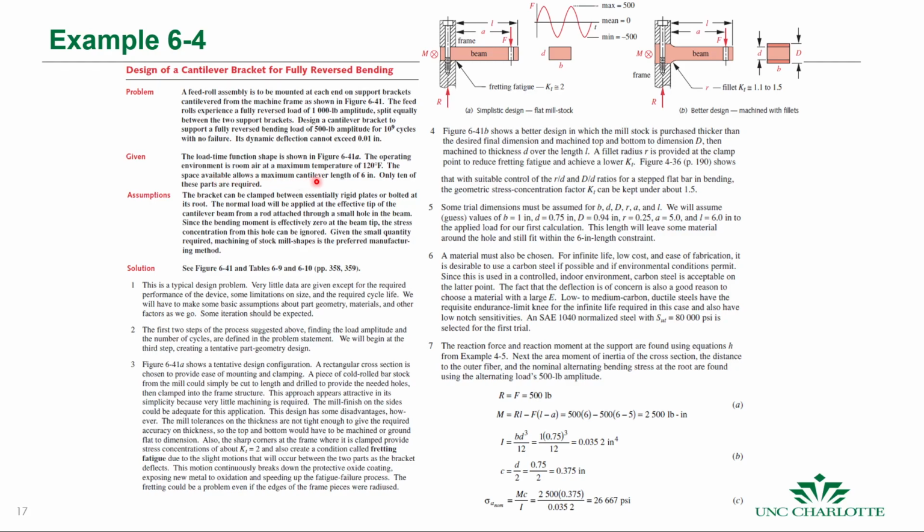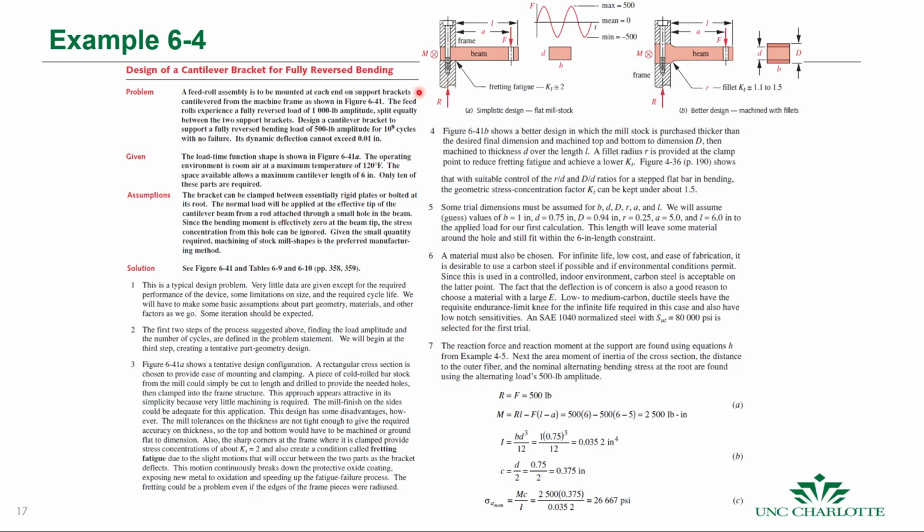The maximum cantilever length can be 6 inches, and we only need 10 of these. So how are we going to make them? We can fix it here where we have this bolt that goes through the beam, creating a cantilever.